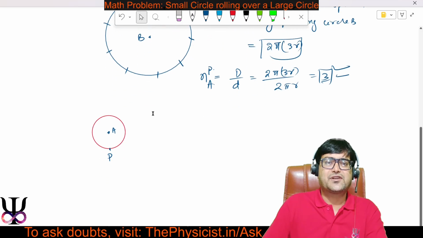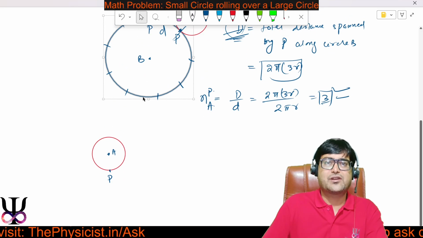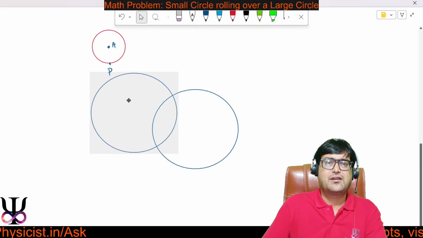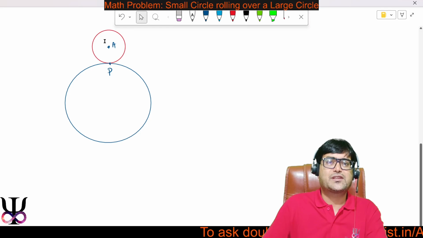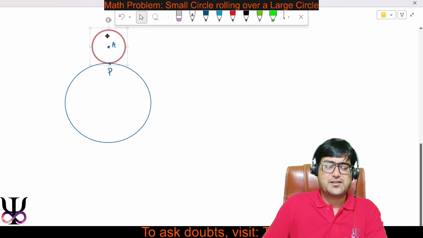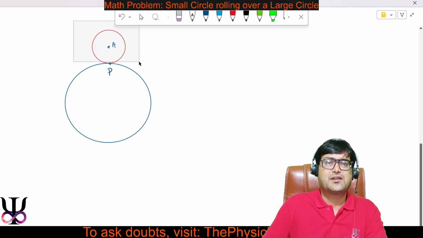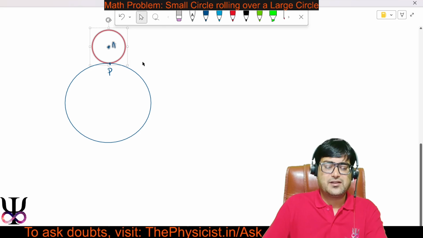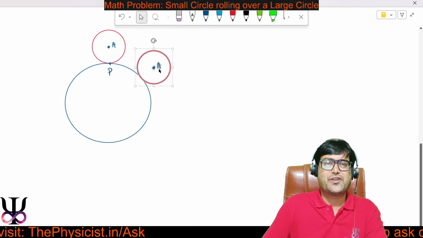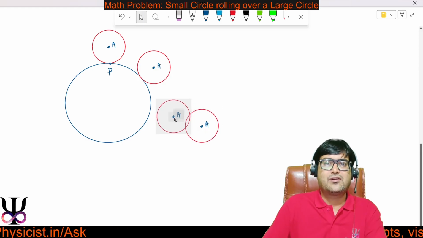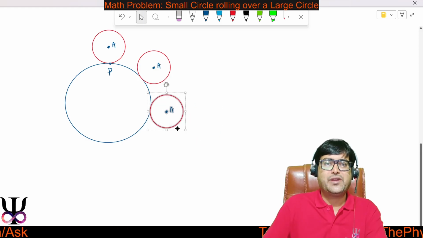But what you're ignoring is that when you have the circle, let me draw B here once again so that you understand. What you are ignoring here is, understand this circle, A itself is also revolving around the point B, yes or no?